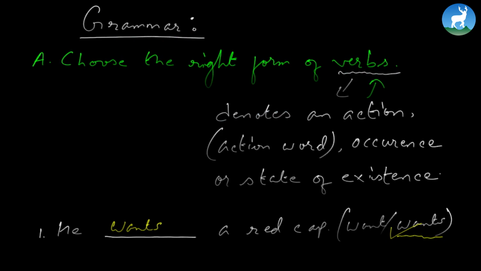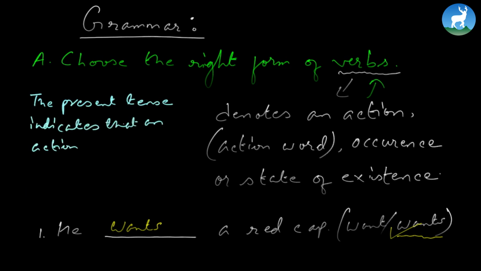Now the options we have been given here are all simple present. Don't forget the present tense indicates that the action is present now, and here we follow the simple present tense.